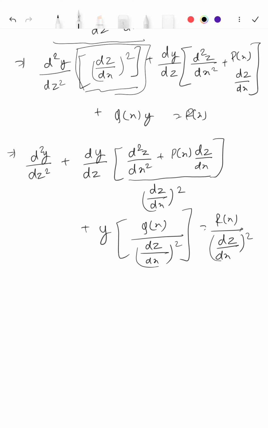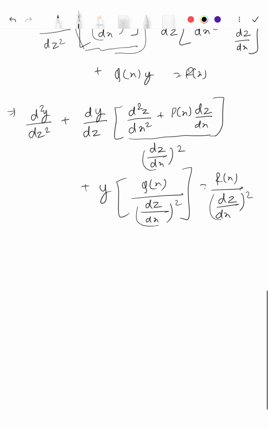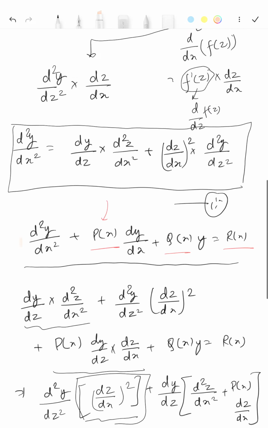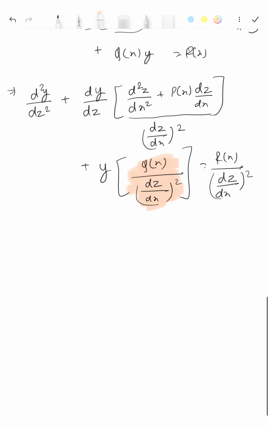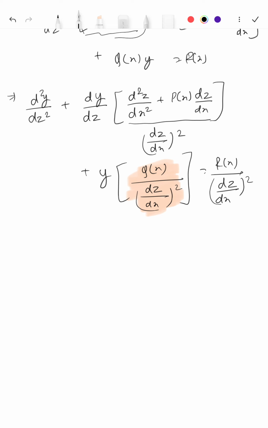What kind of a call am I talking about? If you look here at this term qx by (dz by dx) whole square, we have our qx equals to 2 cos square x. So basically the term with y I have here is 2 cos square x by (dz by dx) whole square.